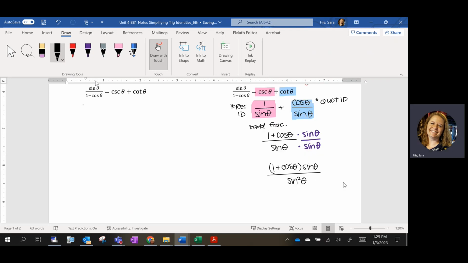Okay. Now, why would you want to get it to sine squared? What was your thought? What could we do from here now? Well, if I do that, then I'm just right back to where I started on the previous step.